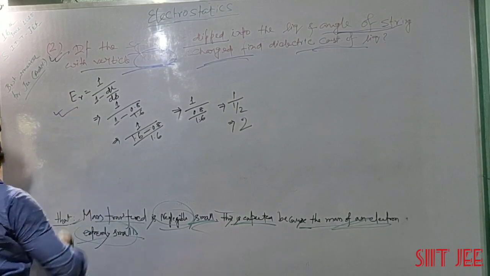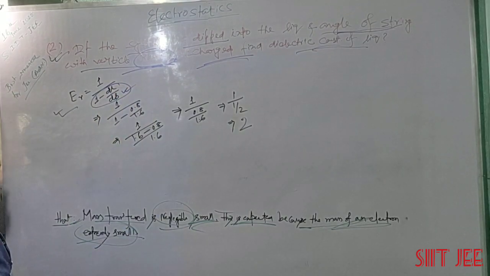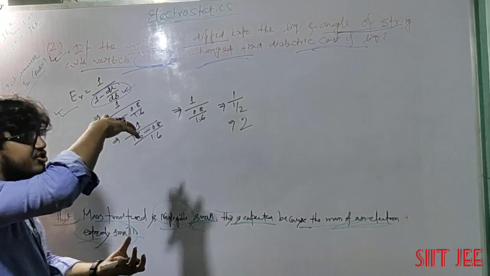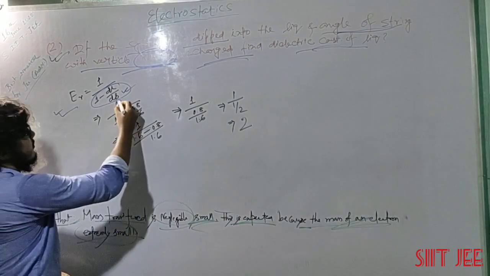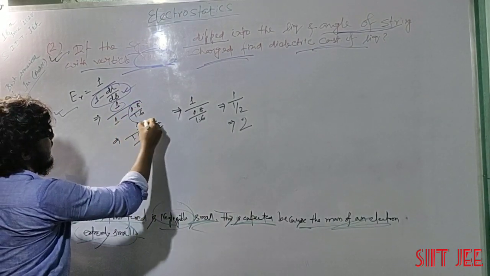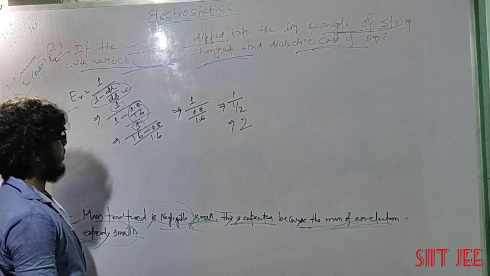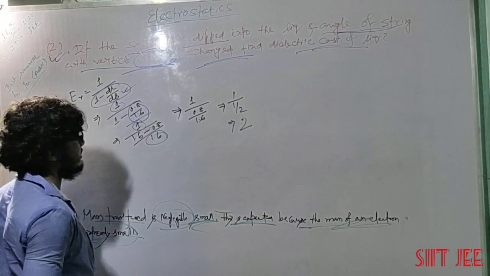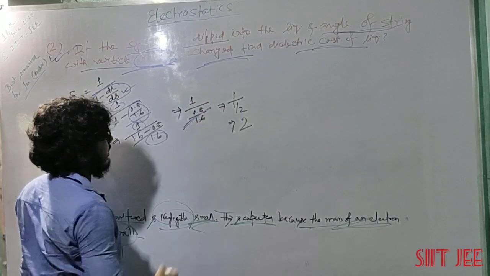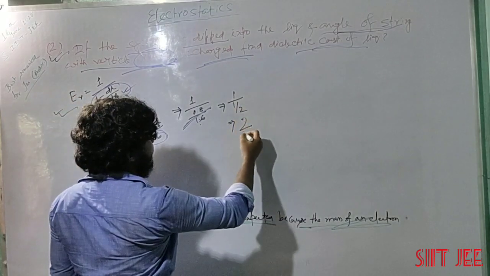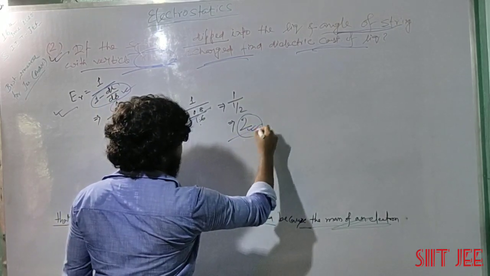We get epsilon r is equal to 1 by 1 minus dl by dv, which is 1 divided by 1 minus 0.8 divided by 1.6, which is 1 by 0.8 divided by 1.6, which is 1 by half, and we get the answer 2.